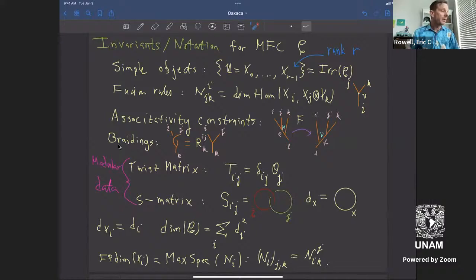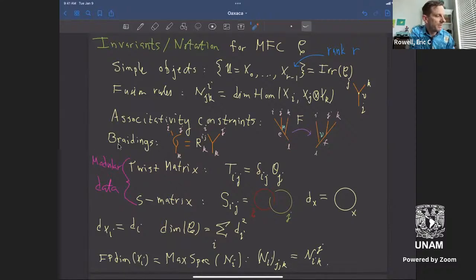Okay, so more invariants. An important invariant of the category is if you just take the sum of the squares of all the simple objects, then this gives you something we call the categorical dimension of the category. And this is pretty important. It's kind of a measure of how big the category is in some sense.